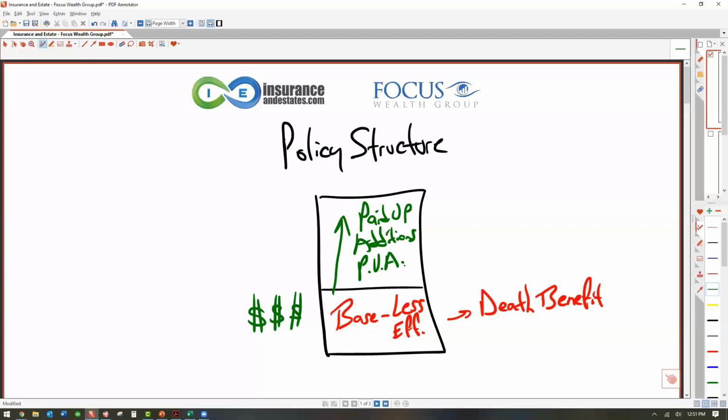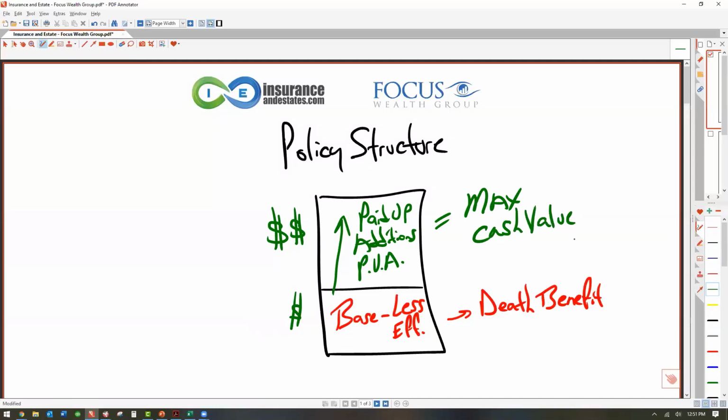Instead of all of your premium going into the base, what we want to see is the majority of the premium going into the paid up additions rider. It's a special rider that allows for maximizing cash value. And not only, Steve, does it maximize cash value, but it will also increase the internal rate of return on a policy.